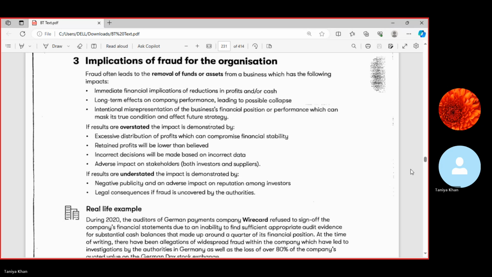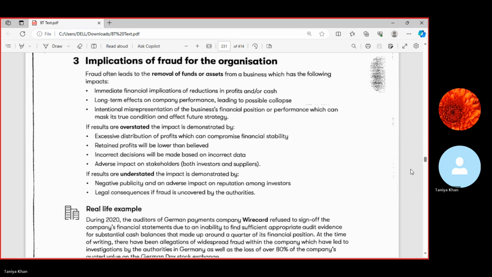We know profits are distributed as dividend among the shareholders. So we are distributing excessive profits among the shareholders, and that will negatively affect the financial stability of the company. Retained profits will be lower than believed. A huge amount of profit being distributed comes from the retained earnings, so slowly and gradually the retained earnings will decrease.